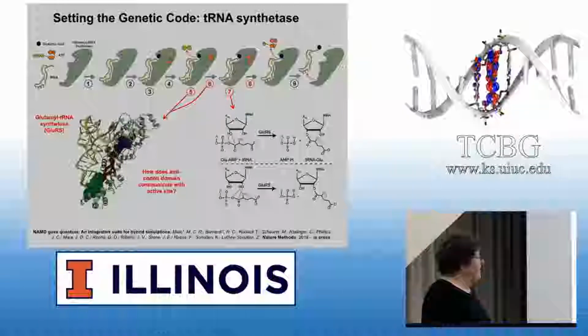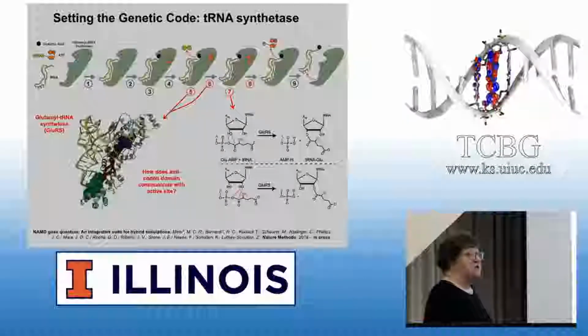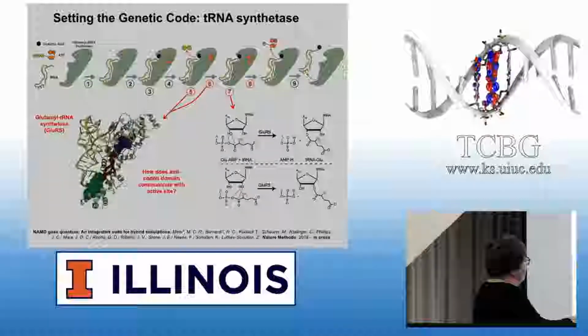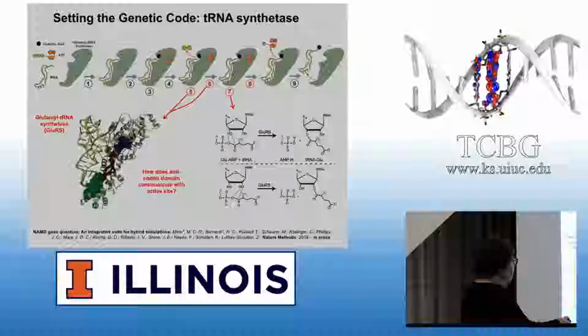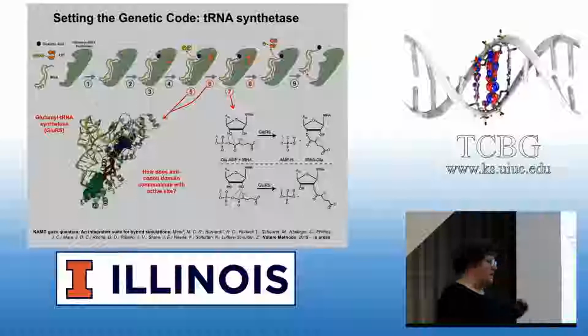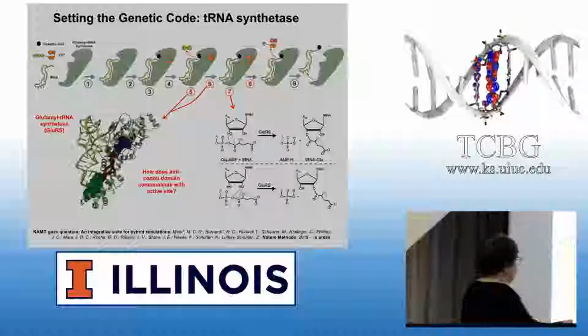You make it an adenylate, and when you do that, the pyrophosphate comes out of the system. Now you have an active site with the adenylate and the tRNA. What happens next is that you can go down here, if this is the 3' end of the tRNA, and all tRNAs end in CCA, this is the A of that terminal group.